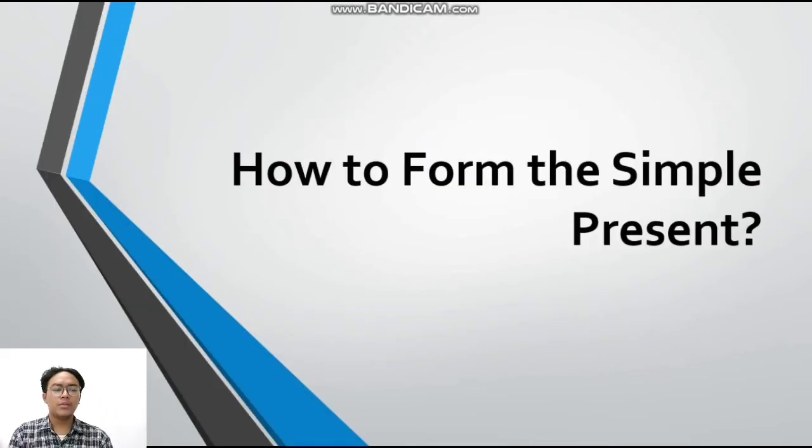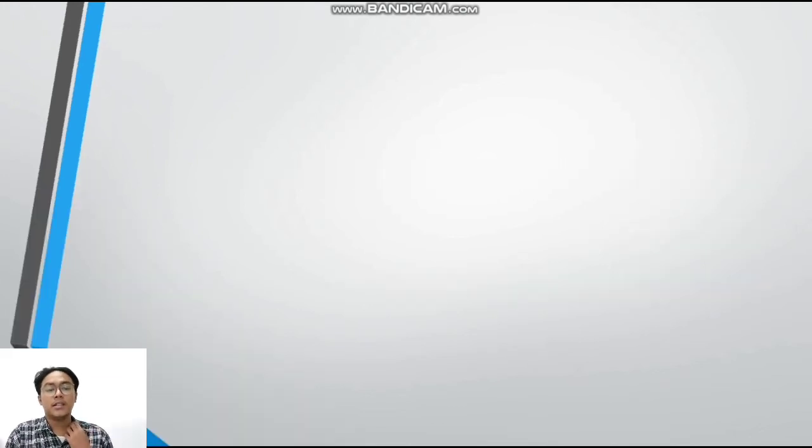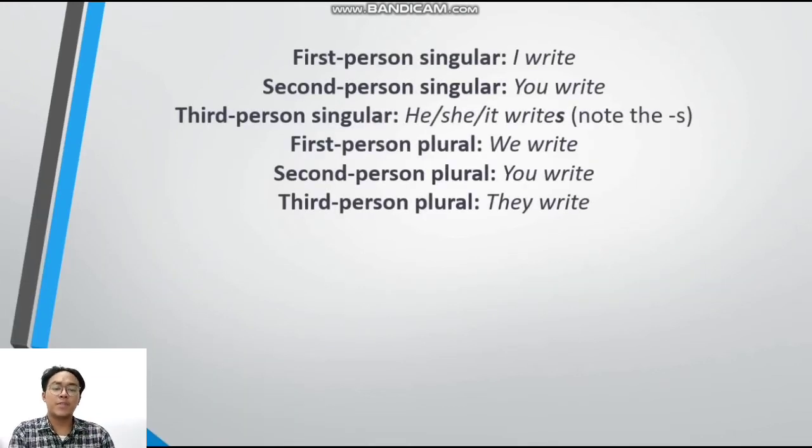And now I want to talk about how to form the simple present. In the simple present, most regular verbs use the root form except in the third person singular, which ends in s. The first person singular is I write. It's not using s.